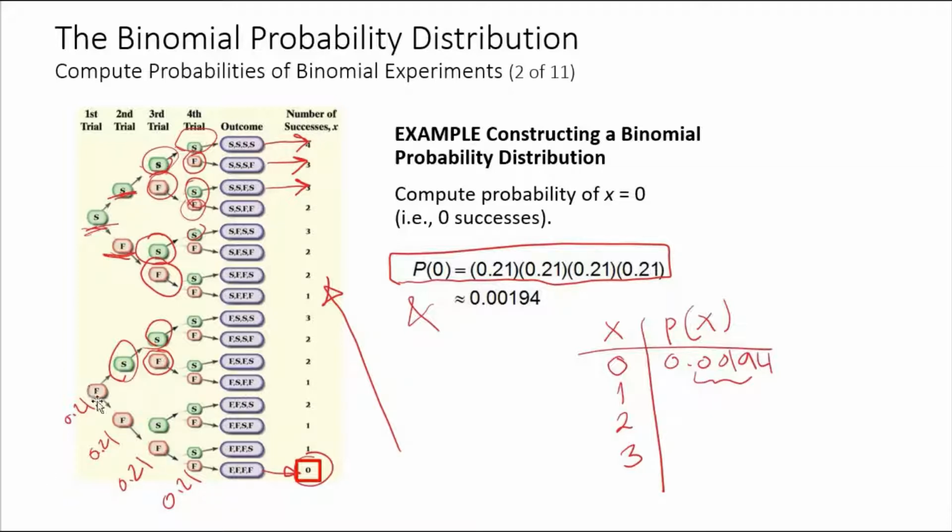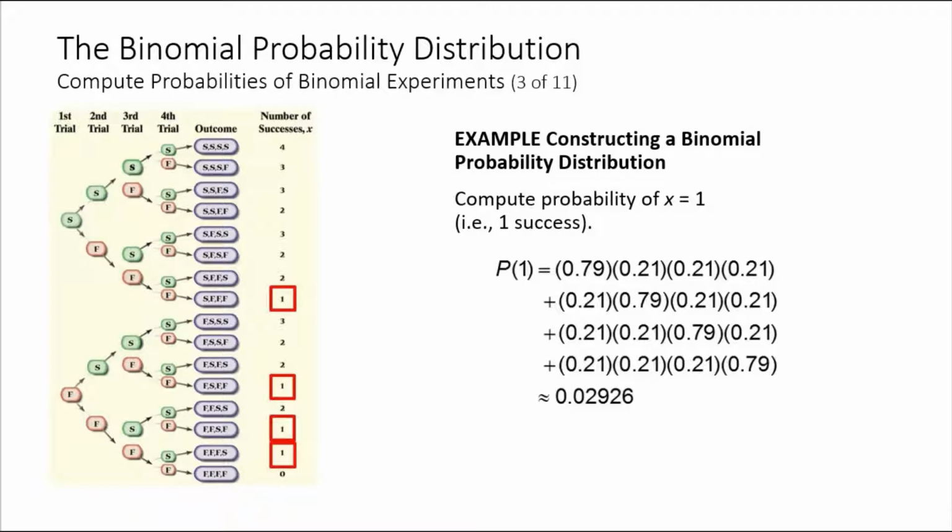So if we're talking about the same branch, we're going to multiply. If we talk about the same branch and then we talk about another branch, we're going to add the probabilities together. Let me show you what I mean. If we wanted the probability of one flight is successful, we have many options.